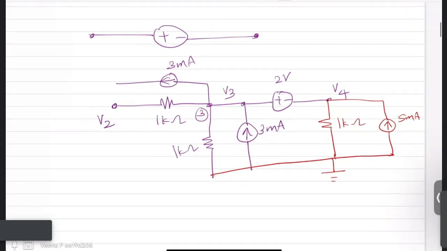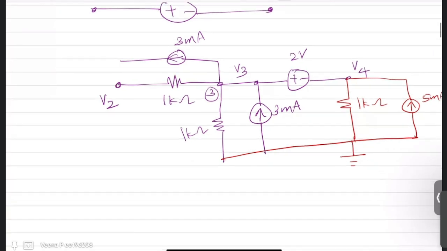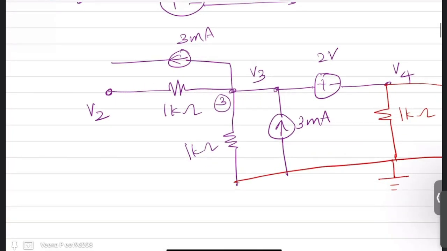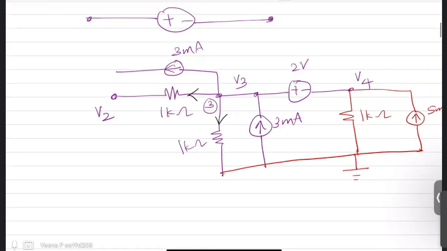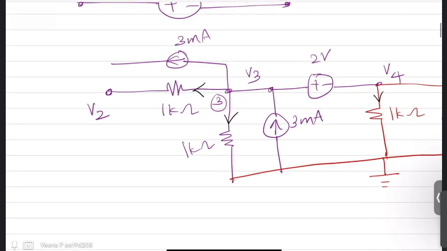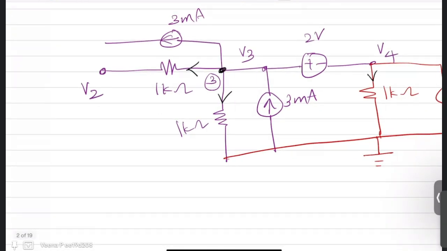So if you see node 3, I am assuming the directions of current which are not given as outgoing. So this is outgoing, and this is also outgoing. Now the current which reaches node 3, the incoming current, is this 3 milliampere.